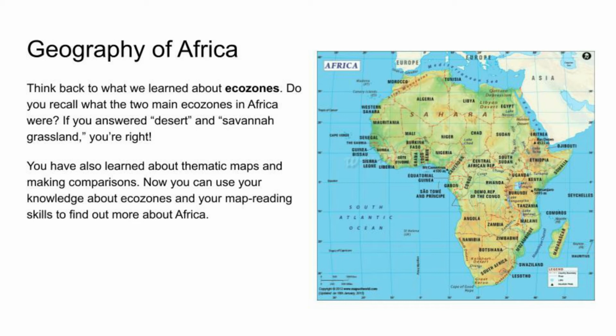You have also learned about thematic maps and making comparisons. Now you can use your knowledge about ecozones and your map reading skills to find out a lot more about Africa. Maps don't only tell us where countries are or where capital cities are. Maps tell us a whole lot. Some maps will tell you what kind of animals are located in different areas. Some maps will tell you what sort of land features are there.